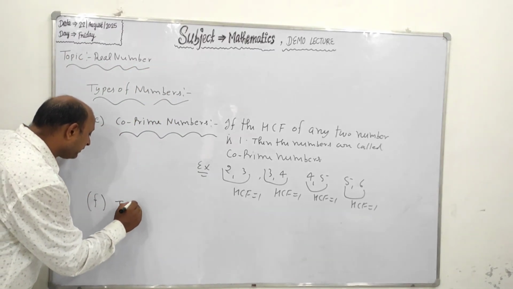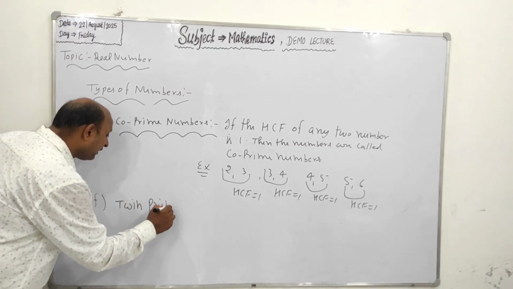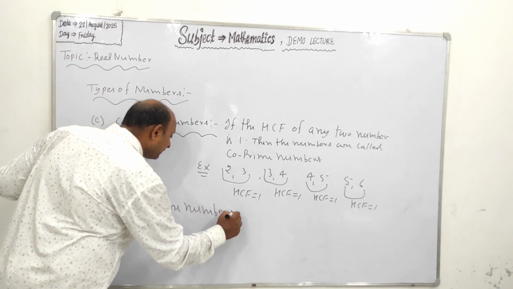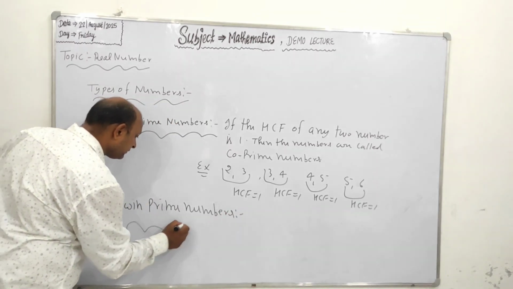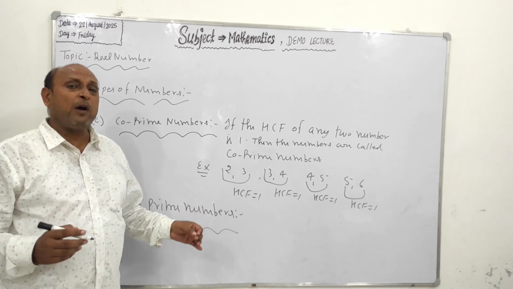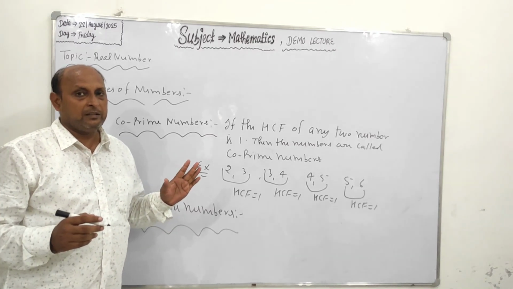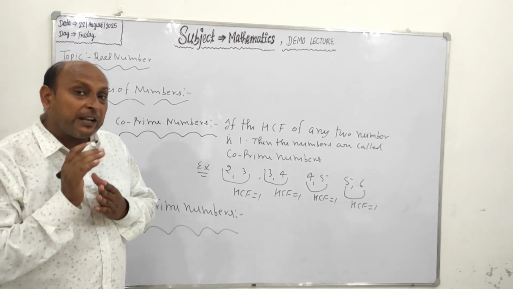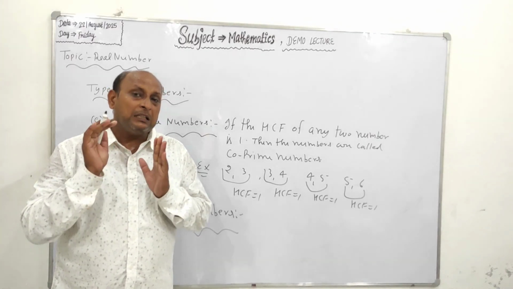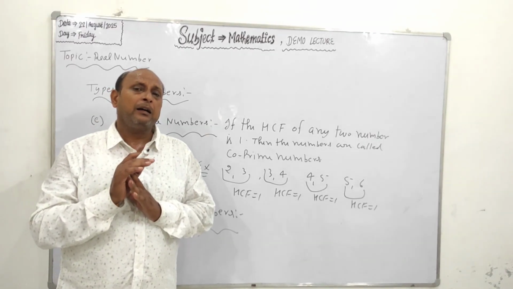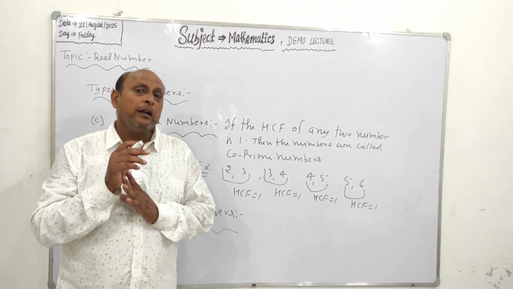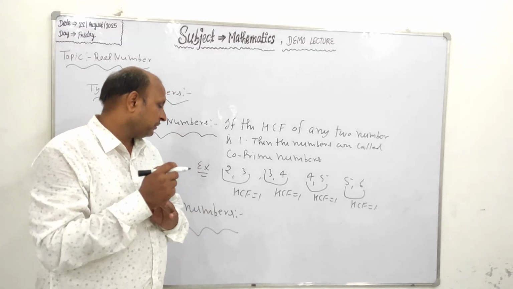Twin prime numbers. Dear students, twin prime numbers are very easy. If the difference between two prime numbers is 2, then the pair of the prime numbers are called twin primes. So students, I think all of you understood twin prime numbers.